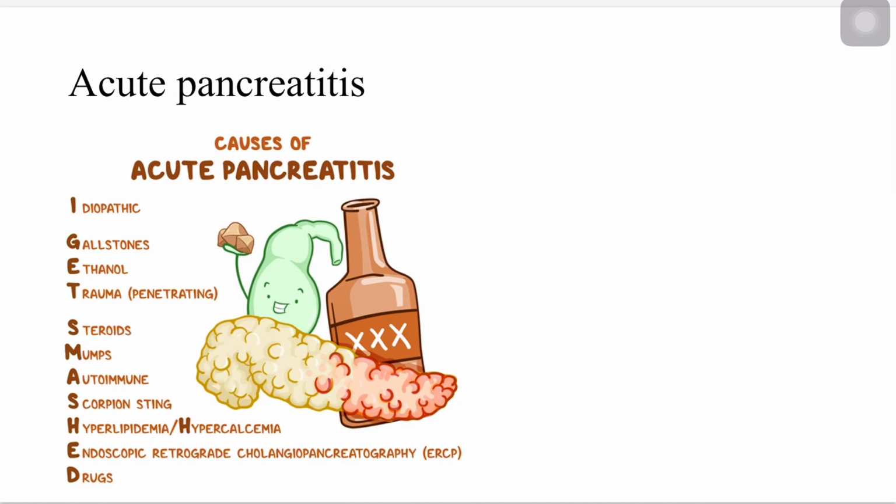It also can be possible with ethanol and hyperlipidemia. If we have both of them, it also can cause acute pancreatitis. And others also can rarely happen, but I mentioned them here.